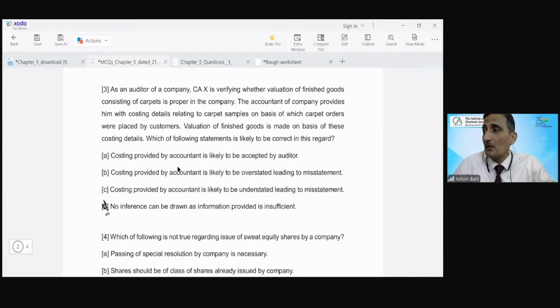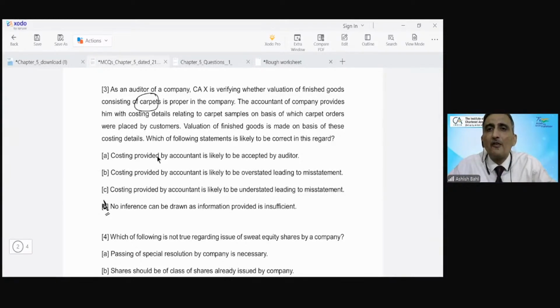Yes, Tambeshwari, you are asking me to explain. Okay. So CAX is auditor of a company. He is verifying whether valuation of finished goods consisting of carpets. So company is in the business of manufacturing carpets. Okay. So obviously carpets are in the nature of finished goods.